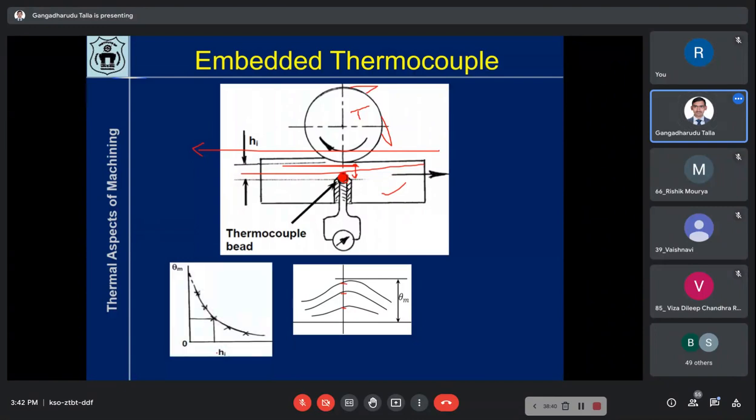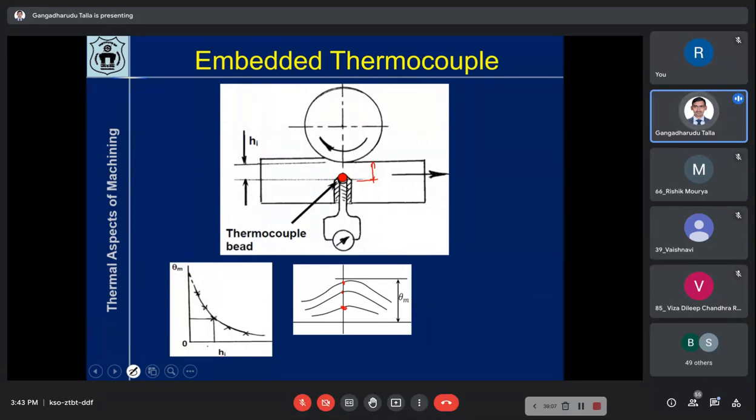And these peak temperatures will vary as shown in the second figure. Initially when the height is more, that means this H is high, you will have less peak temperature. Then as the height decreases, the peak temperature will increase.